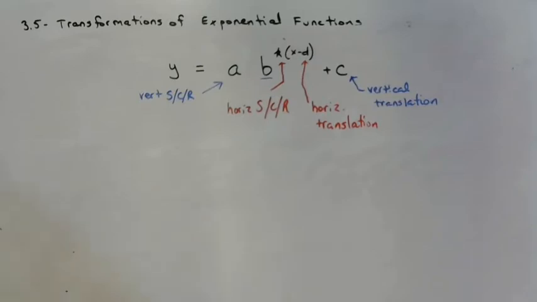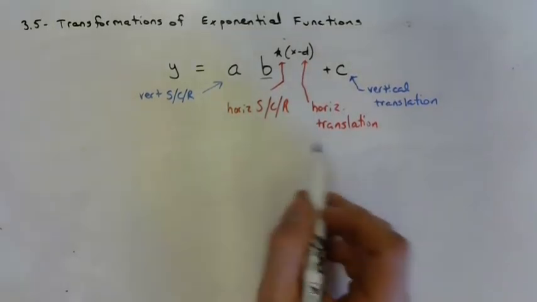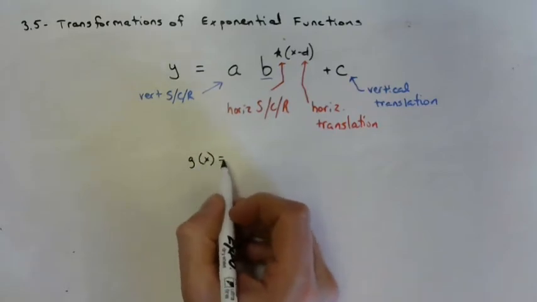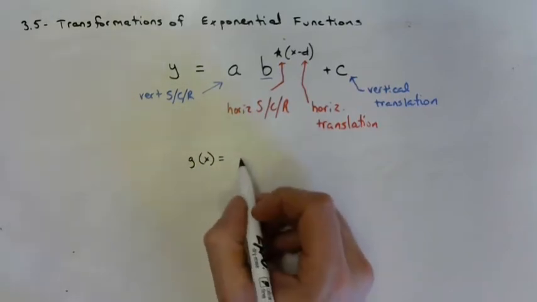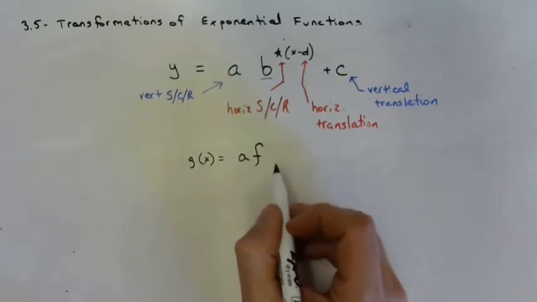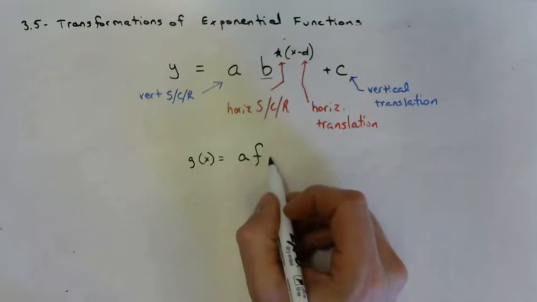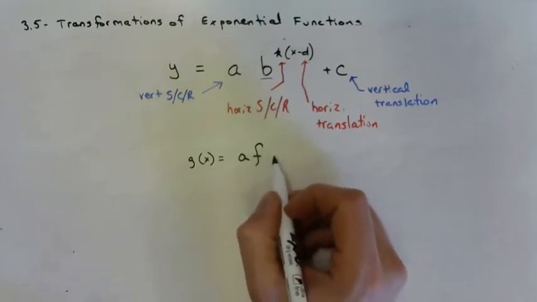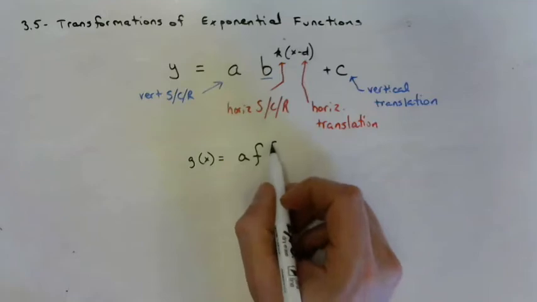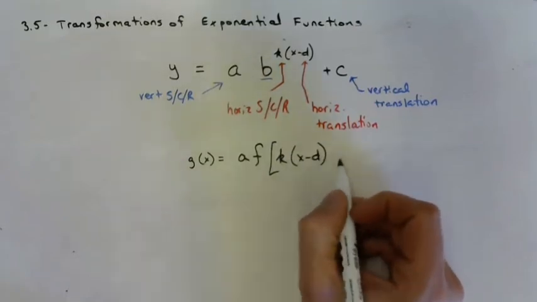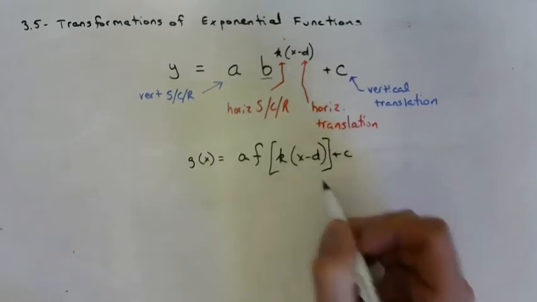Okay, now, what does this mean? We're not going to do this in this example, but in your practice problems, I'm certain you'll get something like this. You'll get g of x is some function of a times the function. And then here you might have something like k x minus d plus c.